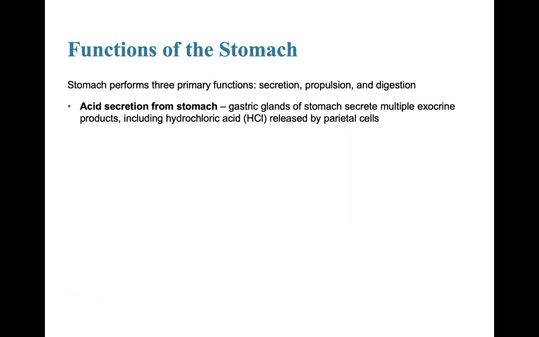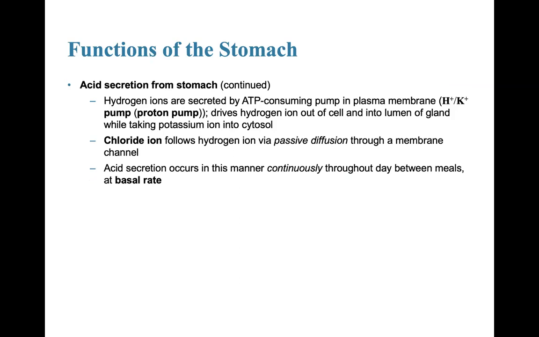Now, the stomach performs three primary functions: secretion, propulsion, and digestion. The acid secretion from the stomach is going to include gastric glands in the stomach that secrete multiple exocrine products, including hydrochloric acid, which is released by the parietal cells.